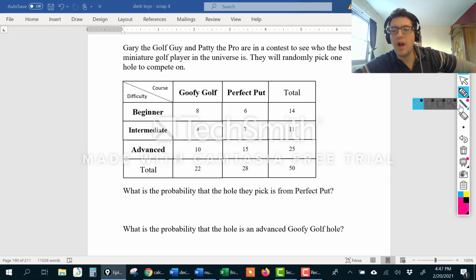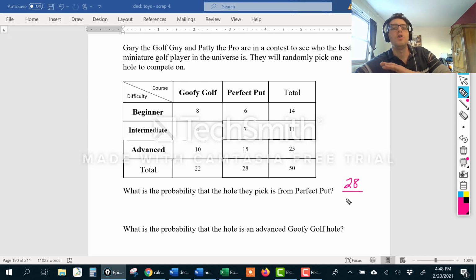Okay, so I have to ask myself, how many holes are there in the Perfect Putt golf course? And that is 28. There are 28 holes in the Perfect Putt golf course, right? That's the total of all the beginner, intermediate, and advanced holes. So there are 28. I'm going to put that in the numerator, and in the denominator, I'm going to put all of the holes that there are, okay, which is 50.